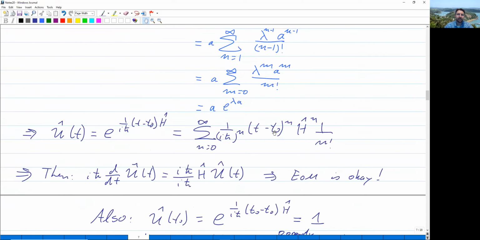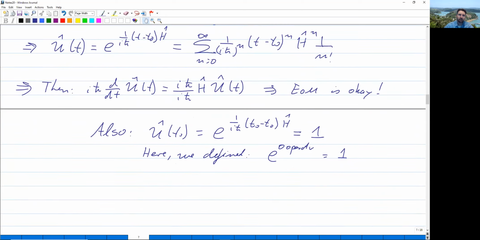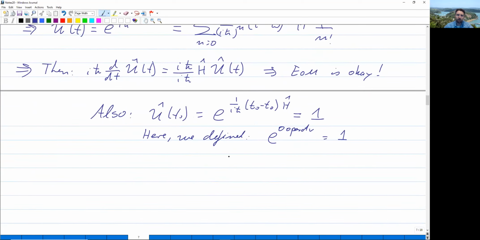And we need that this is equal to the identity matrix. So here we define this, and generally, H hat to the power 0 is the identity matrix, or any other operator Q hat to the power 0 is the identity matrix.